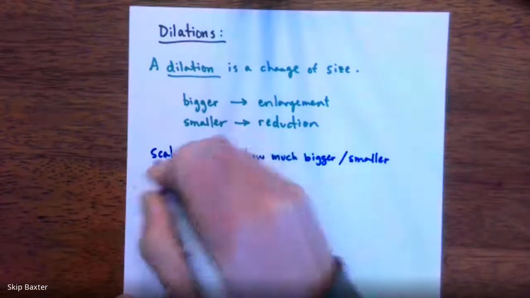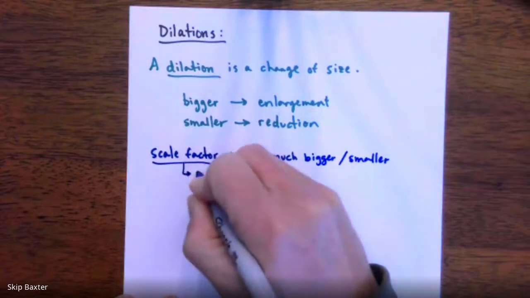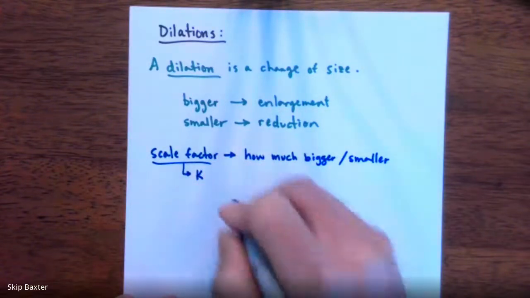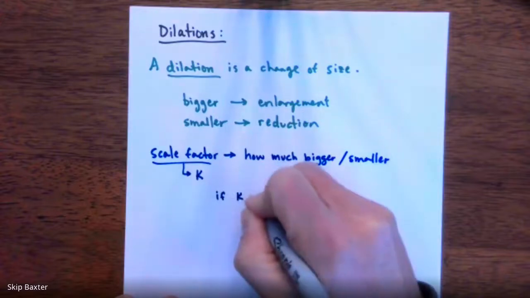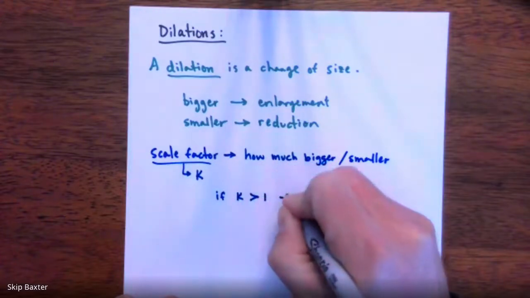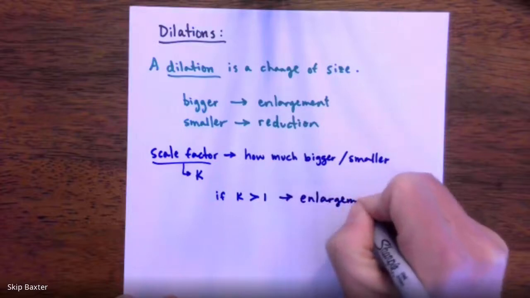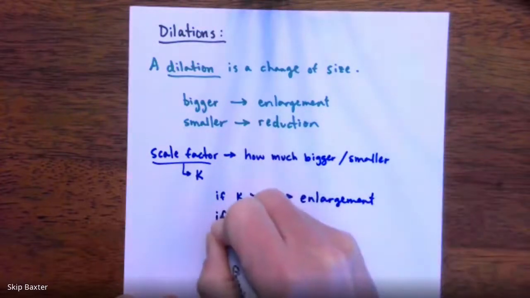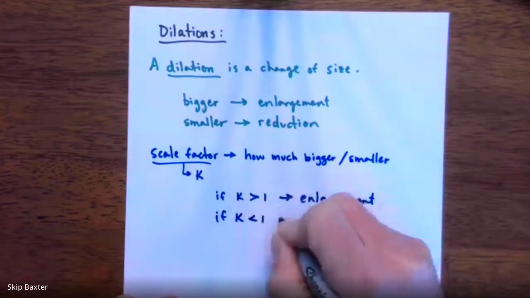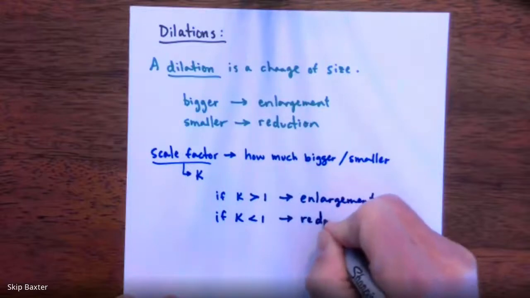Okay, so let's say the scale factor is abbreviated by the letter K. If K is greater than 1, then it's an enlargement. And if K is less than 1, then it's a reduction.